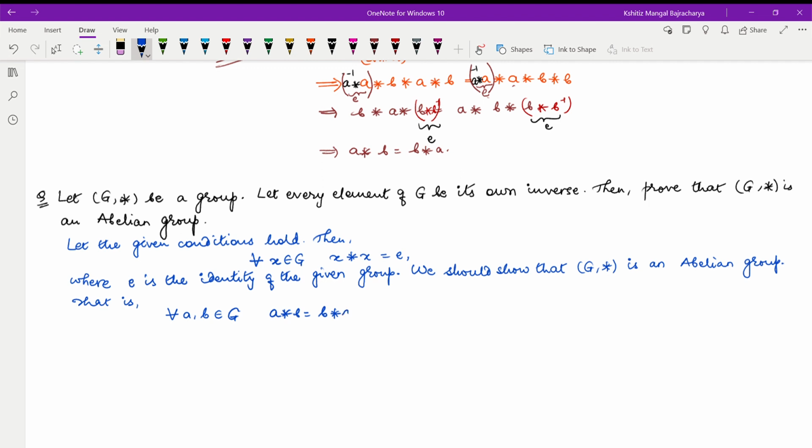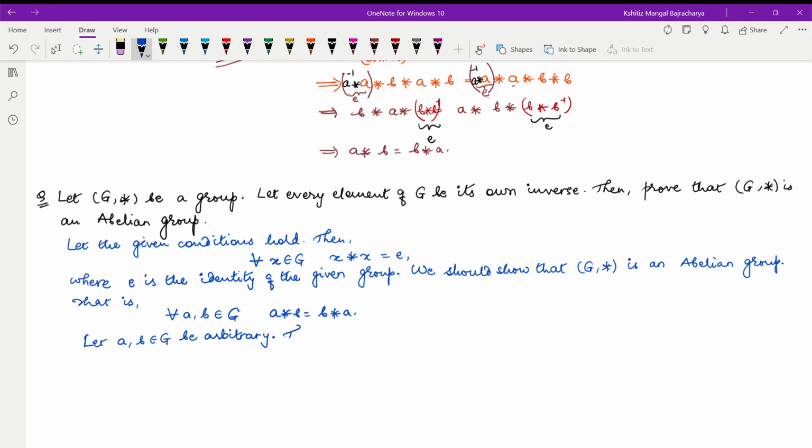Alright? For this, let A, B belonging to G be arbitrary. Since we need to prove the statement for general elements A and B, let A and B belonging to G be arbitrary.